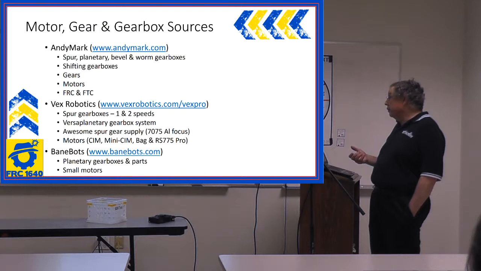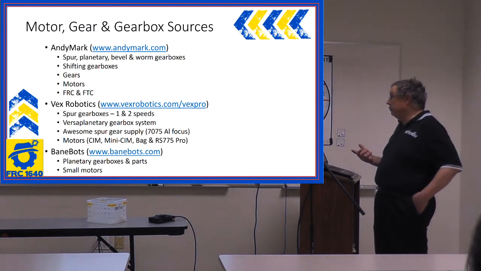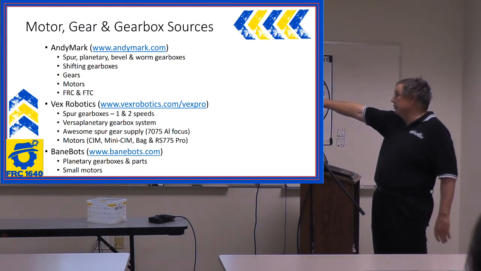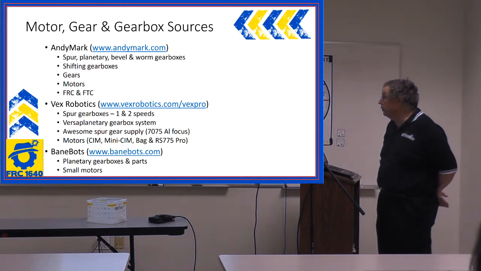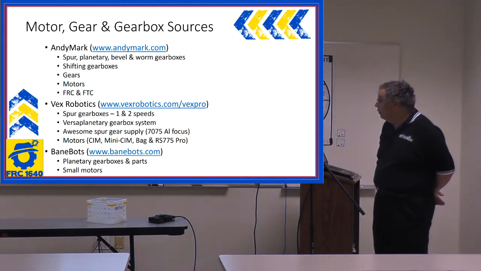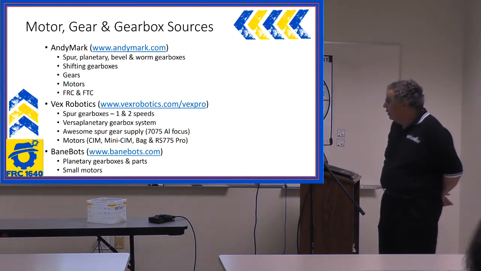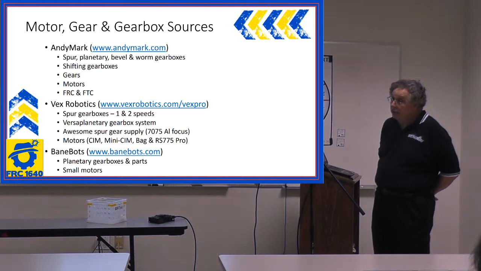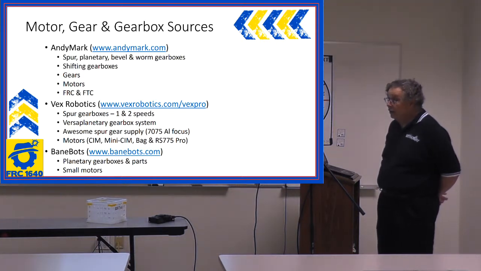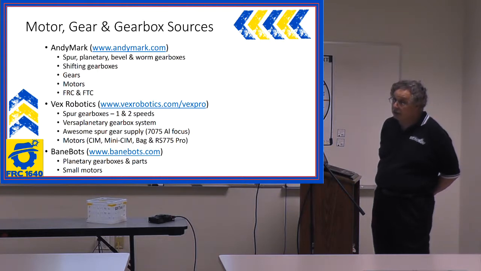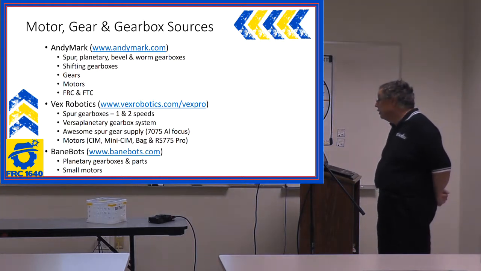Another really good place to buy parts, and we probably split our business about equally between those first two, is VEX Robotics. They have a VEXpro series. They've got a really well-designed set of gearboxes available, including the West Coast drive gearboxes.